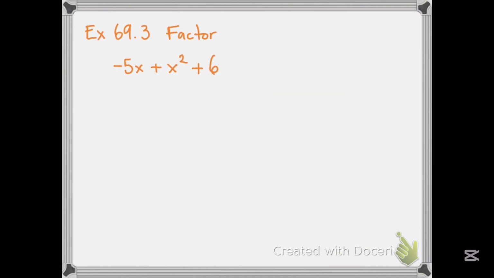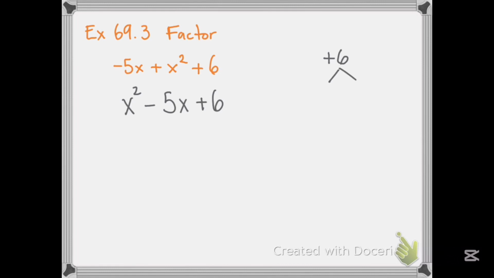In this third example, notice that the terms are not in order. So we rewrite, putting them in order, looking at the exponent. So we have x squared minus 5x to the 1 plus 6x to the 0. So we put it like that. And again, the one we want to look at is the 6. Notice that in this case it's positive 6.